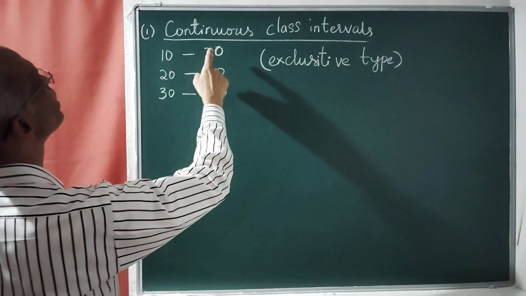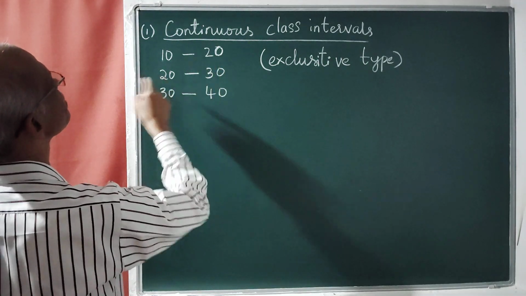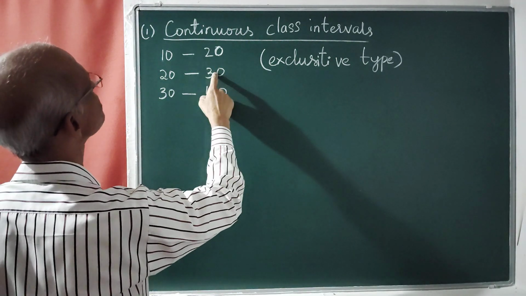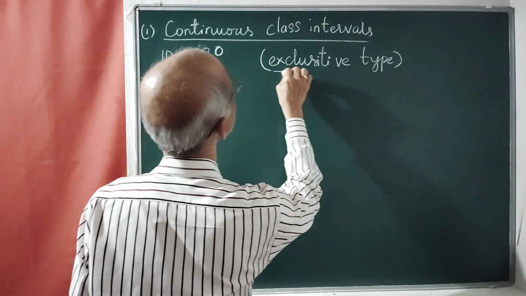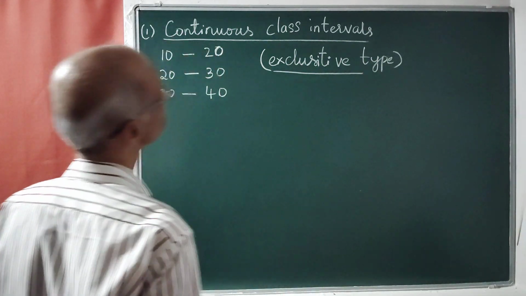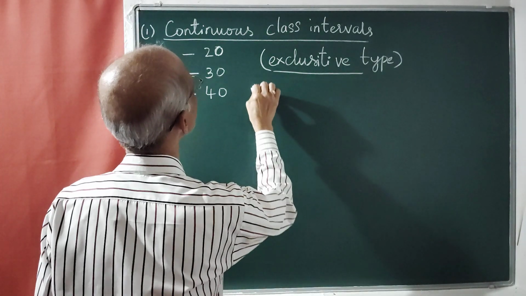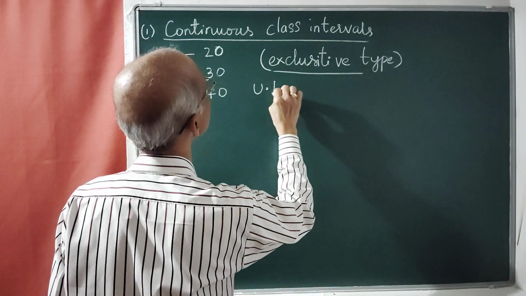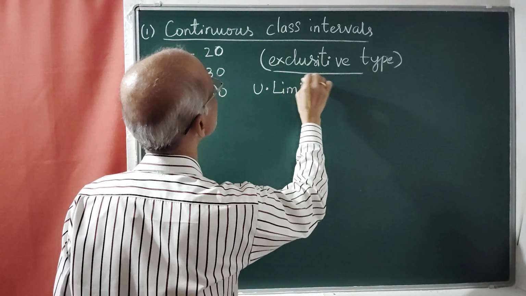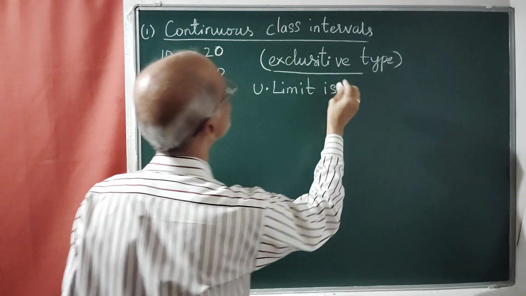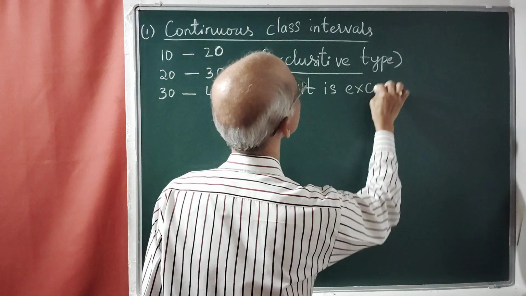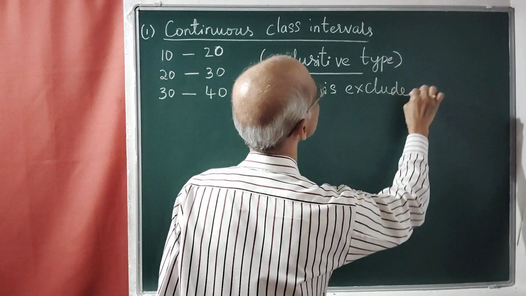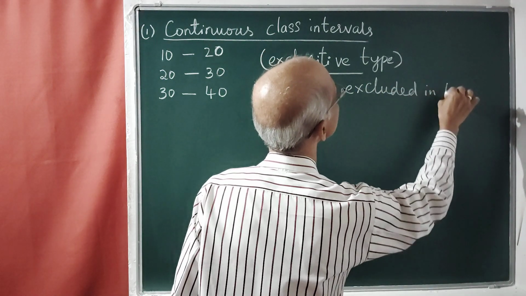You can see 20 will not come in this, 20 will come in this one. 30 will not come in this class, it will come in this class. So it is called exclusive type. Upper limit is excluded in the class.